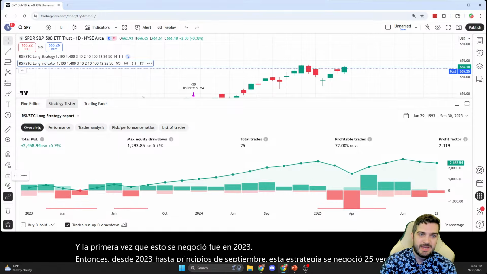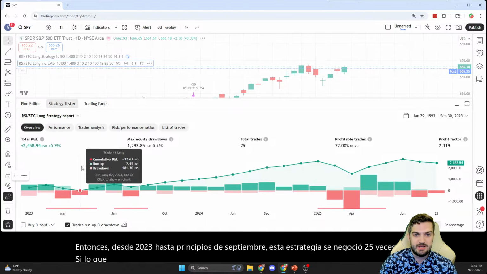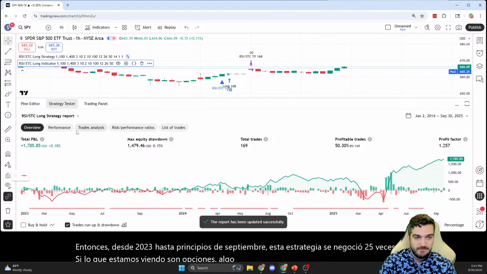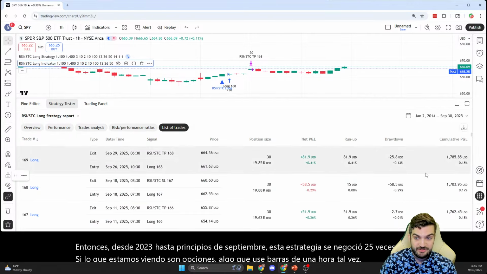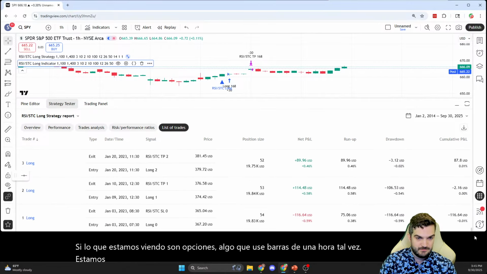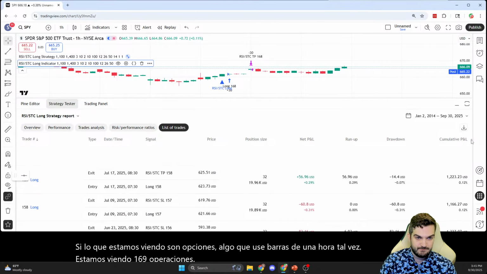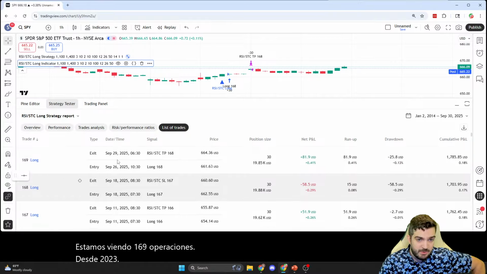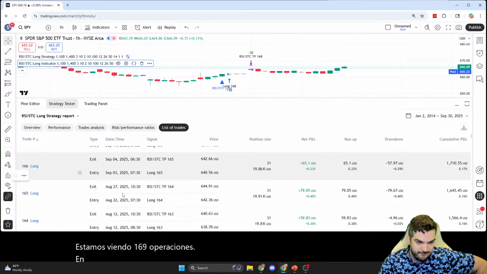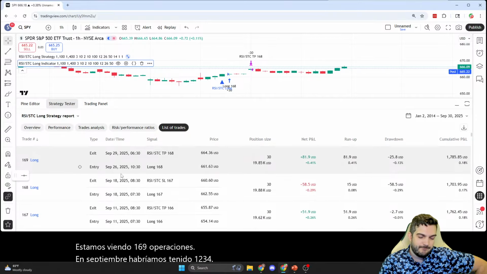If what we're looking at is options, something that uses 1 hour bars maybe, we're looking at 169 trades since 2023. In September, we would have had 4 buys, 4 sells in September.